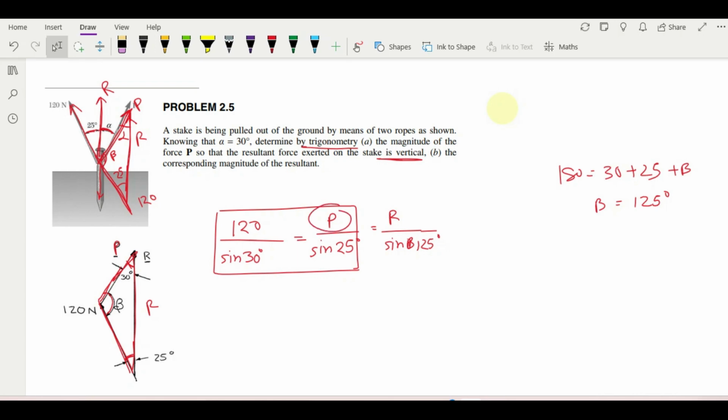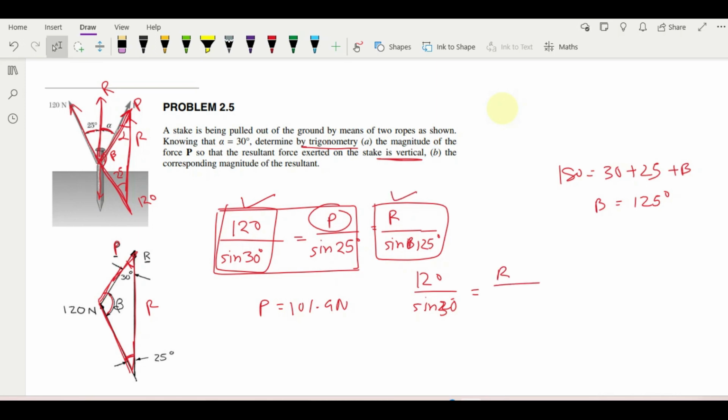We just have to calculate the force P, and force P will be 101.4 Newton. And then we can take the first term and the last term. We take 120 divided by sine 30 degrees equals R divided by sine 125 degrees.